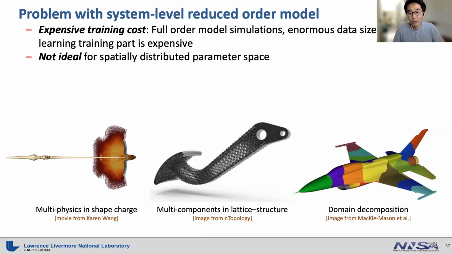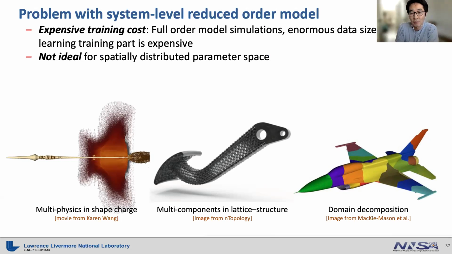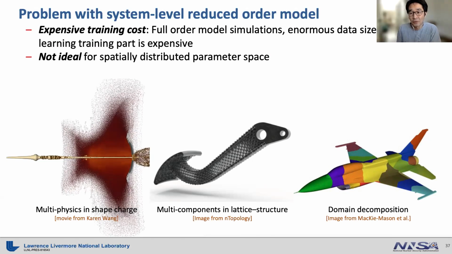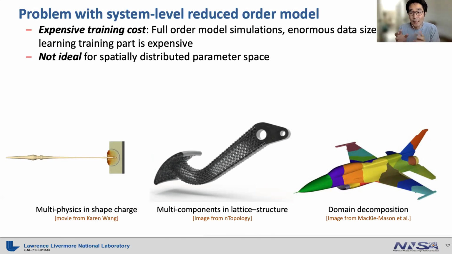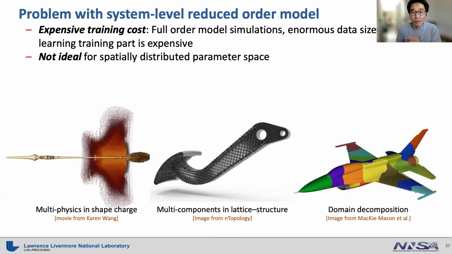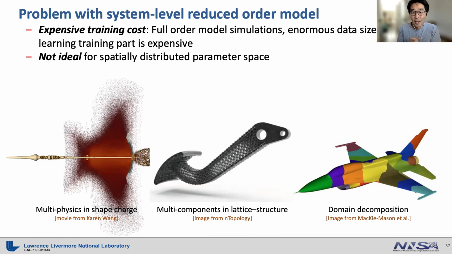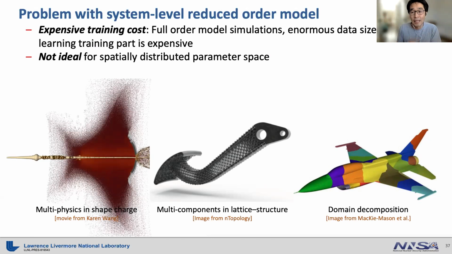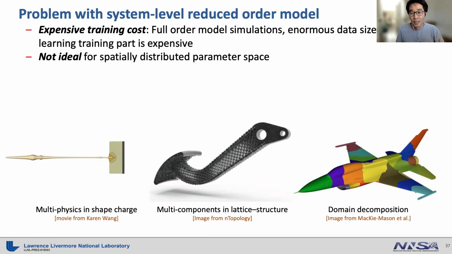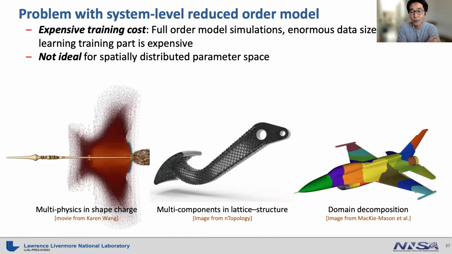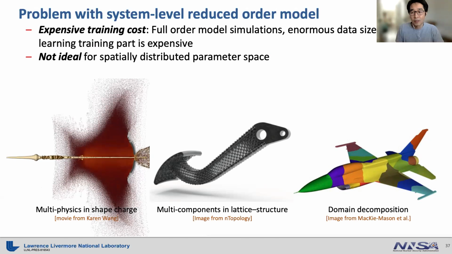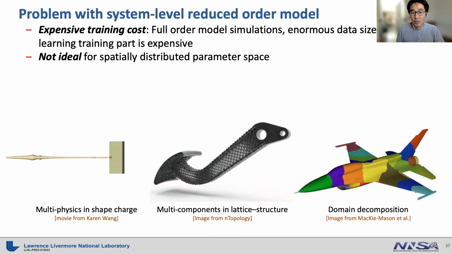Just to give you a motivation for that, despite all the successful stories of the reduced model that I have shown so far, as the full order model size increases, the cost of the training becomes very expensive, right? And sometimes it is not even possible to train because of memory issues and so on. Also, in a lot of applications, the parameter tends to be spatially distributed.